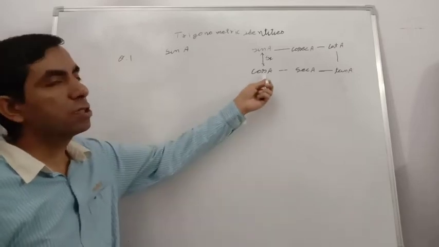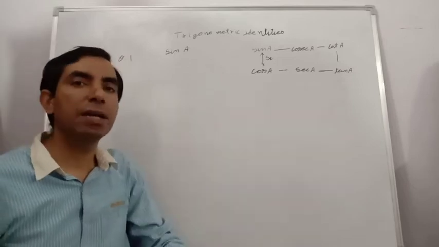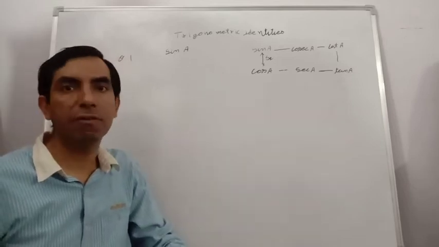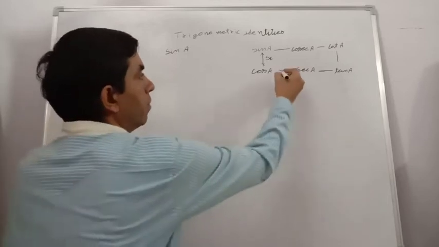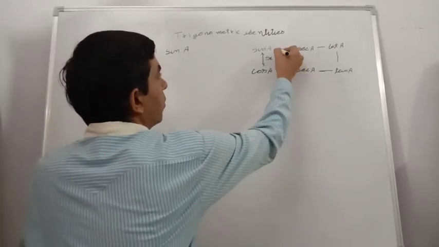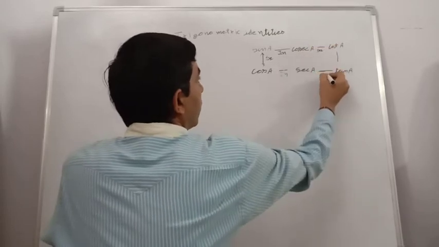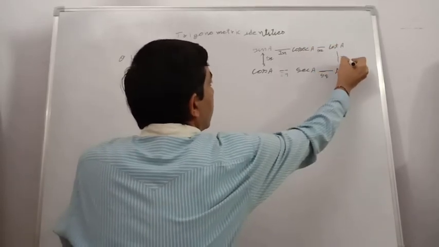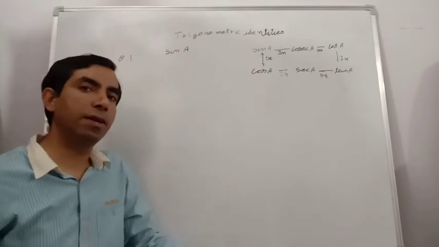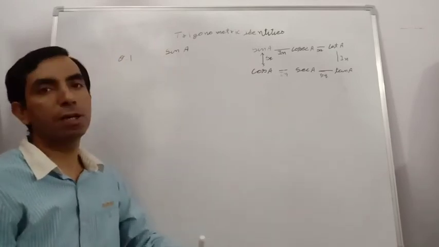Similarly, cos A is connected to sec A by the inverse formula, because cos and sec are inverses of each other. And in this way, all these things are connected to each other.